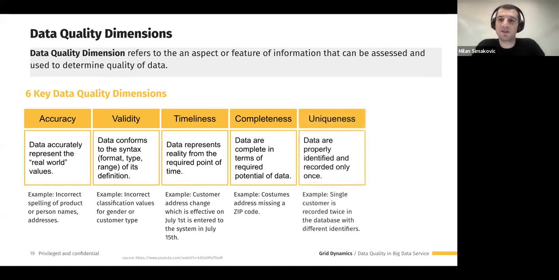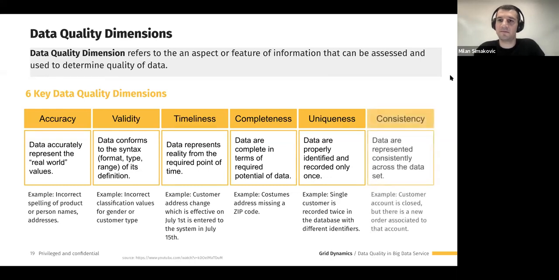The next dimension is uniqueness. We saw this in a previous example with an email. We expect some particular fields to be unique in the whole data set. And the last one is consistency, where this problem usually happens when we have one particular piece of information spread across different systems.